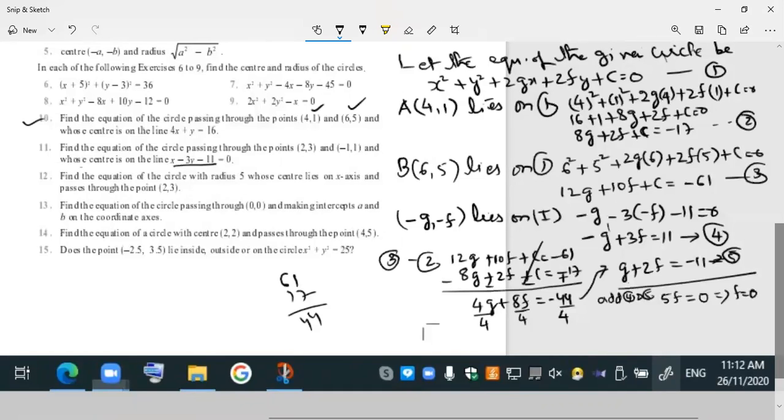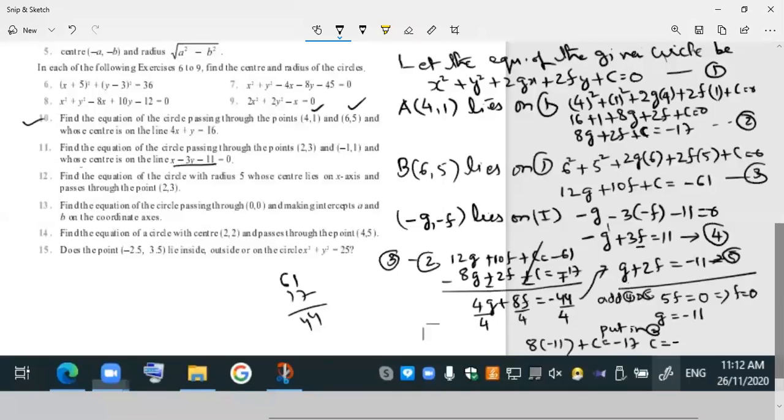And F is equal to 0, put in the 4th equation. So F is 0, minus G is equal to 11, so G is equal to minus 11. When F and G are known, we can put F and G in any equation where C is there. Put all these values in the second equation: 8G is 8 into minus 11, plus 2F, F is 0, so it becomes 0, plus C, which we have to find, is equal to minus 17.